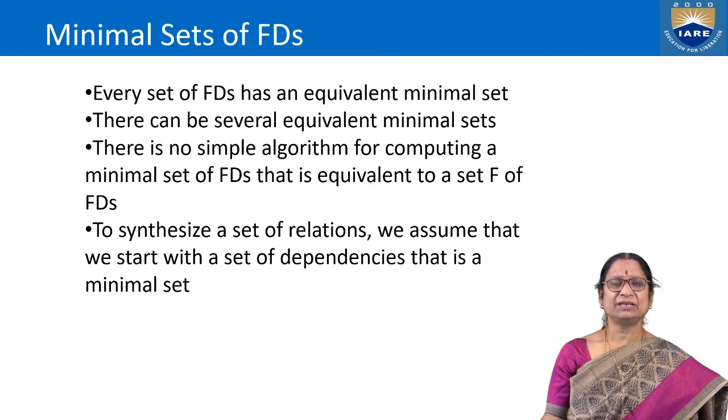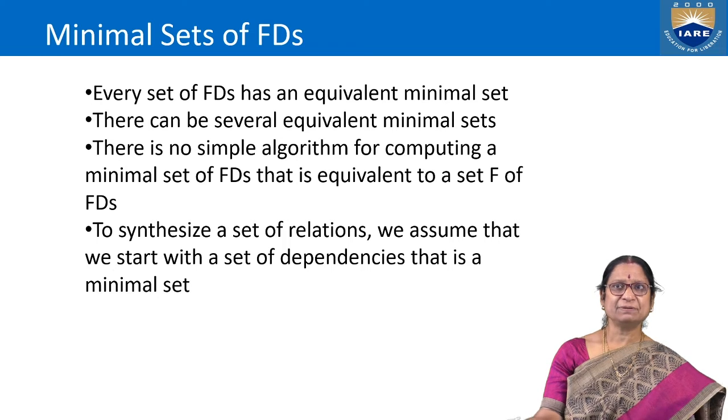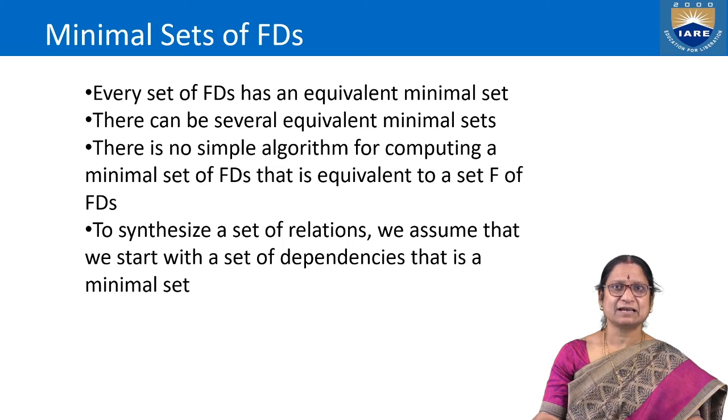In minimal sets of FDs, every set of FDs has an equivalent minimal set, and there can be several equivalent minimal sets. As I just explained, they need not be unique. And there is no simple algorithm for computing a minimal set of FDs that is equivalent to the set of FDs. Because there are multiple, that's why there is no small algorithm.